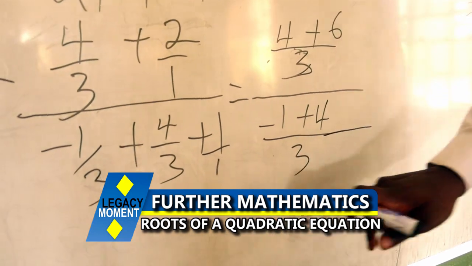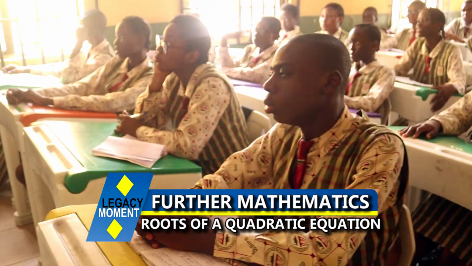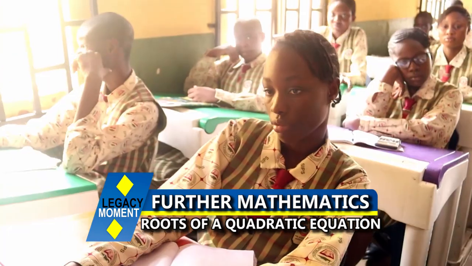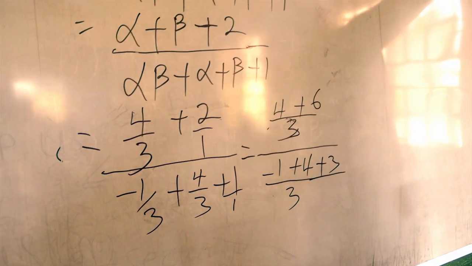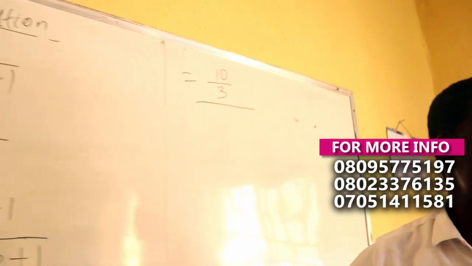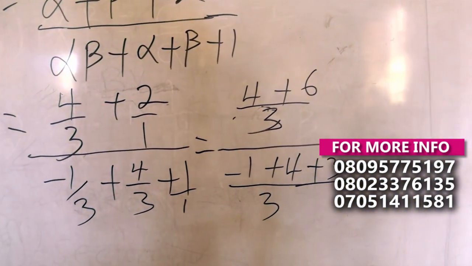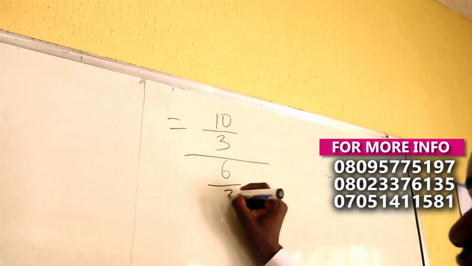So this is 1. 1 into 3, 3 times 1, 3. So this is equal to 4 plus 6, 10 over 3, over minus 1 plus 4, 3 plus 3, 6. Now 6 over 3.